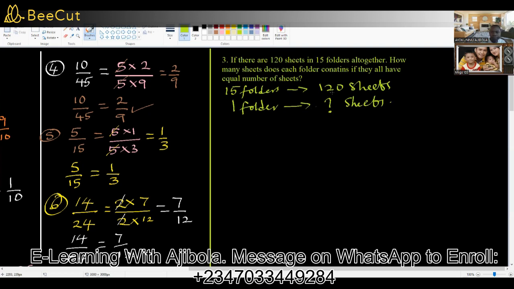So we will say, divide 120 sheets into 15 folders. That is, share 120 sheets equally into 15 folders. Then you're going to know how many sheets are in one folder. Therefore we say 120 divided by 15.